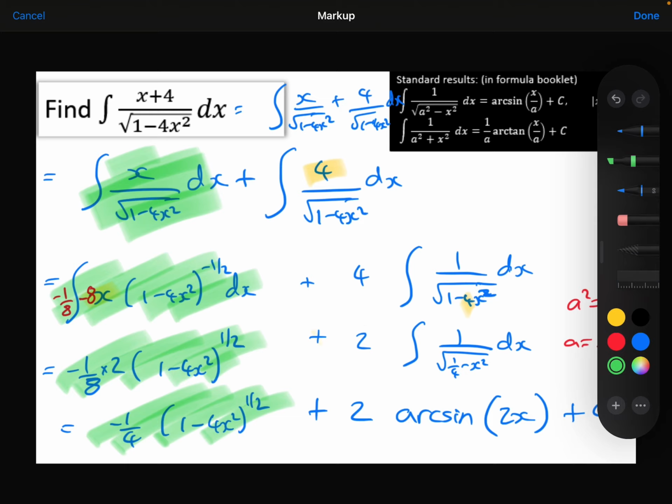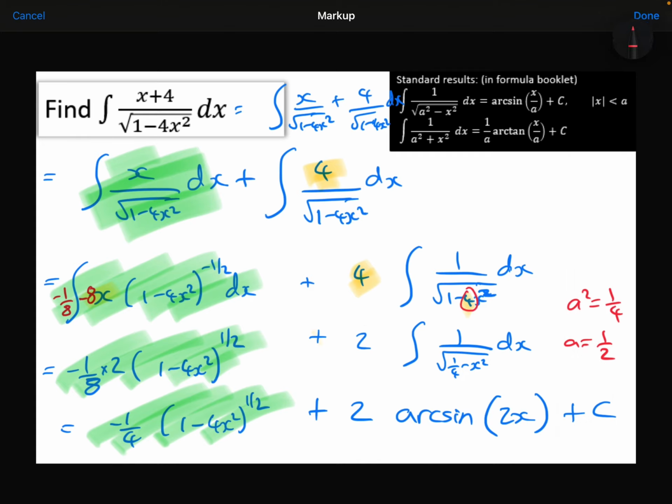The second one, I couldn't use that technique because I only had a 4 on the top, not the 4x. So I took the 4 outside. I then wanted to deal with that 4 on the inside there, because remember it has to be a 1x squared to use the standard result. So I took that 4, I factored it outside of the square root. When I square root that 4, it would become a 2.